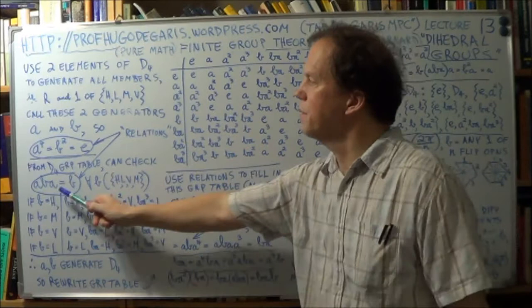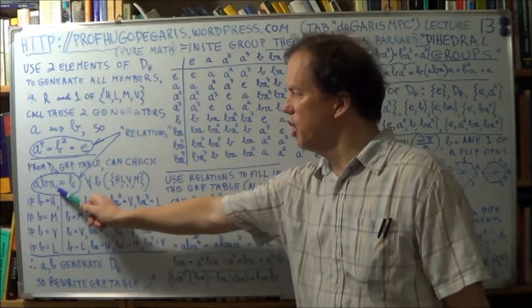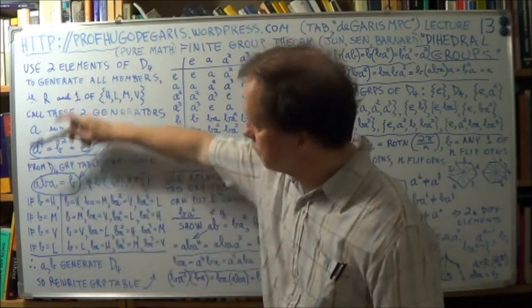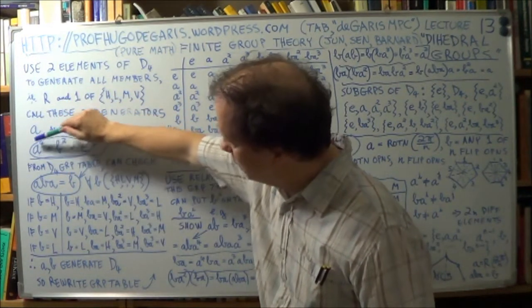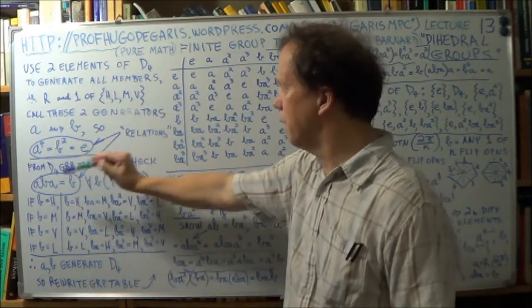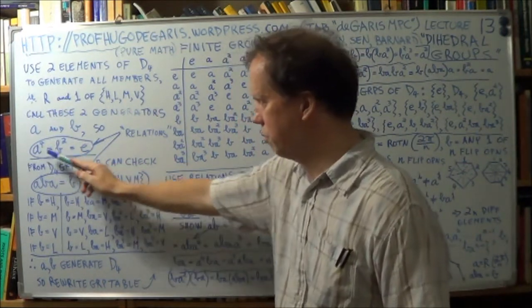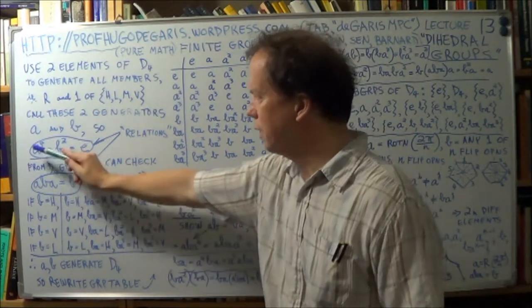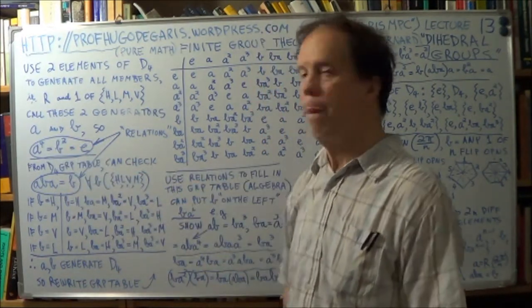Here it was for D of 4, but it's general. The only thing that changes is this number here. As your n changes, you have to have a to the n is e. So one of your relations will change. That b squared is e stays the same, and ABA is b stays the same. The only thing that changes is the number here. Alright?